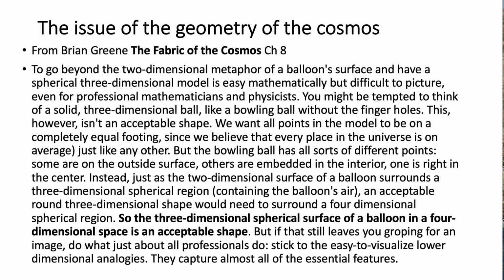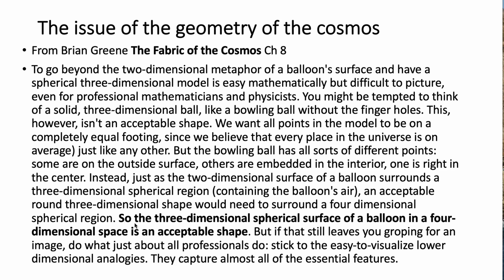We also talked about some of the challenges of visualizing the structure of the universe. I captured this little quote from Brian Greene's book, Fabric of the Cosmos. Remember, I said that when astronomers and astrophysicists get together and start talking about the shape of the universe, they quickly stop talking and start doing math. This is a paragraph that Brian Greene wrote on this very subject.